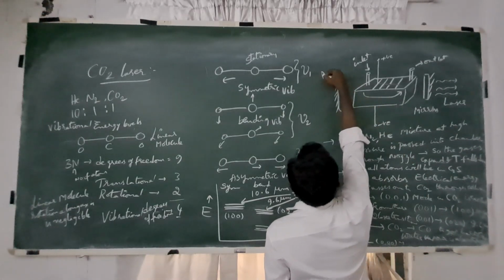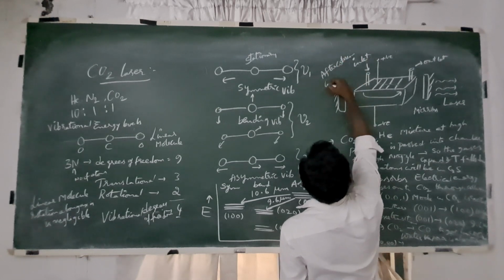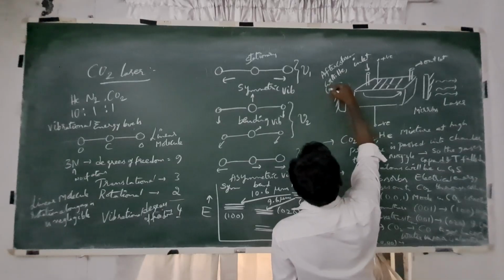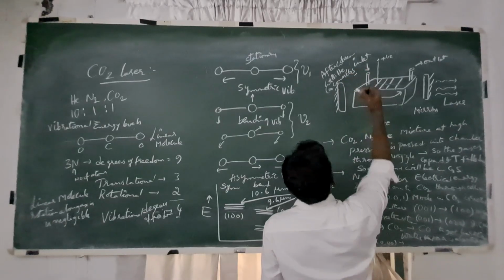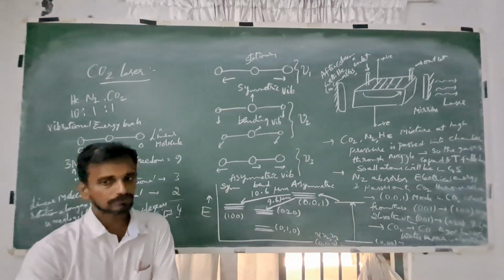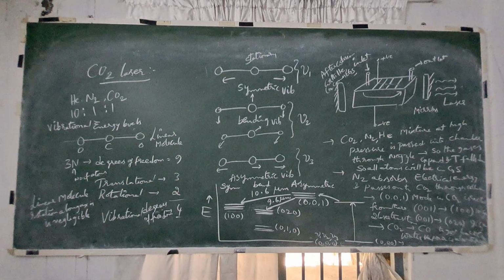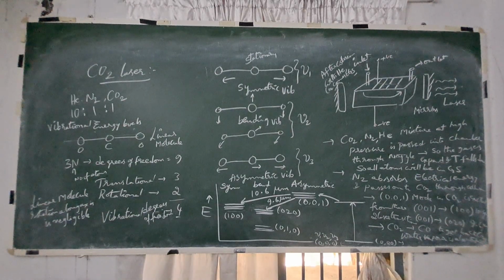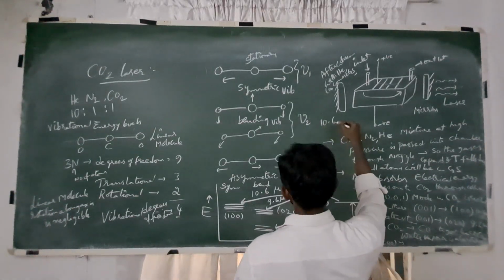Finally, after collision with helium atoms, CO2 molecules come to ground state. And out of these two, 10.6 is selected by proper separation of mirrors.